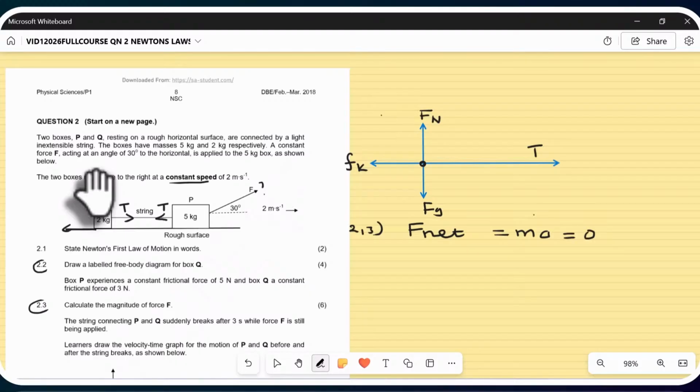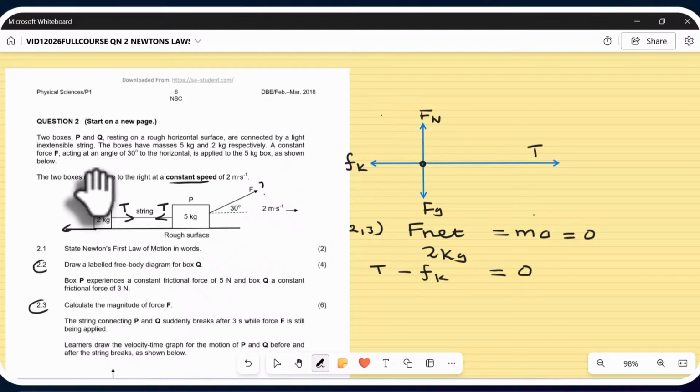This force is at an angle, so what is pulling the block is the horizontal component, which we call Fx, and being adjacent, I use cos. Now I talk about the 5 kg block.